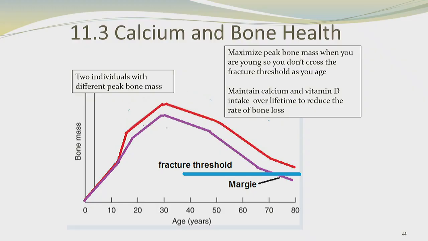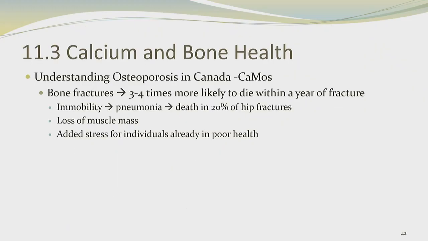Another way to reduce the risk of osteoporosis, in addition to calcium and vitamin D intake over a lifetime, is to engage in weight-bearing exercises, because that is what helps to build dense bones. These exercises are known to change the slope of the lines and reduce how fast bone is being lost as well.